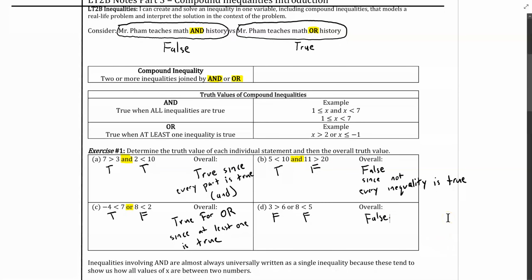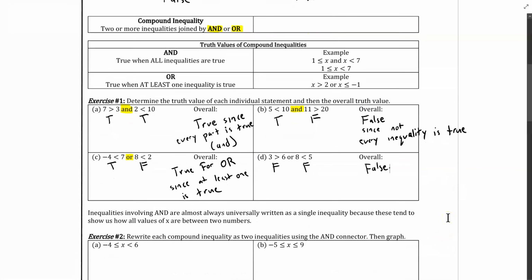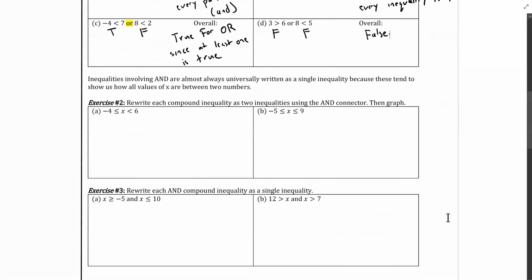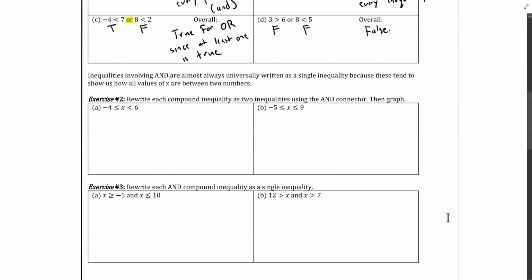Now, inequalities involving the word and are almost universally written as a single inequality because these tend to show us how all values of x are between two numbers. Namely, the format that we're going to do is we have the lower number is going to be smaller than x, which is smaller than some high number.